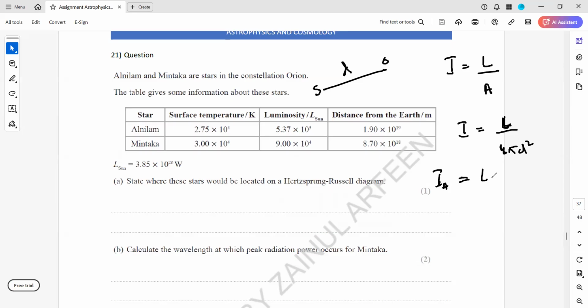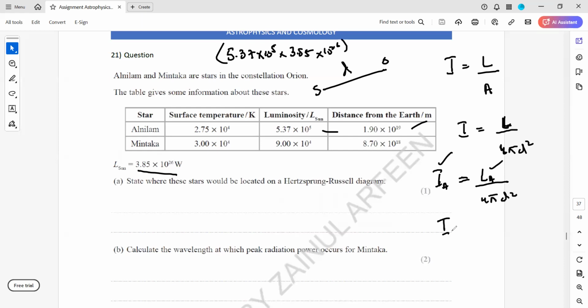Intensity will be luminosity of Alnilam divided by 4 pi d square, where d is the distance, which is given. And this luminosity of Alnilam will be multiplied by the luminosity of the sun as well, like 5.37 exponent 5 multiplied by 3.85 exponent 26. So we multiply both of them, and the distance is already known. So we'll get the intensity for Alnilam.